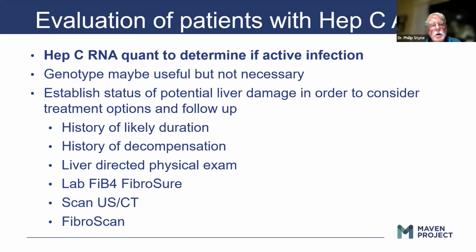FibroSure is a blood test, fairly expensive. Ultrasound and CT can suggest advanced disease: splenomegaly, liver nodularity.